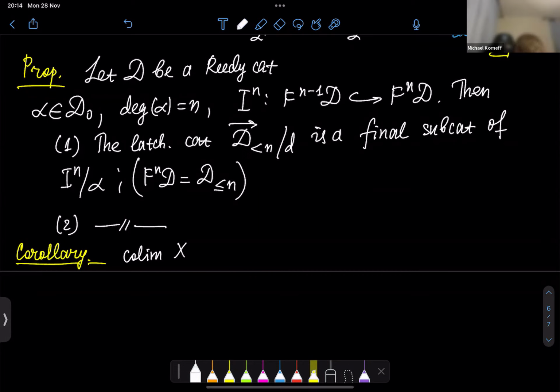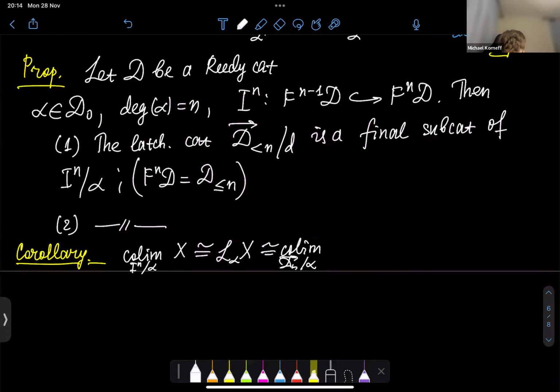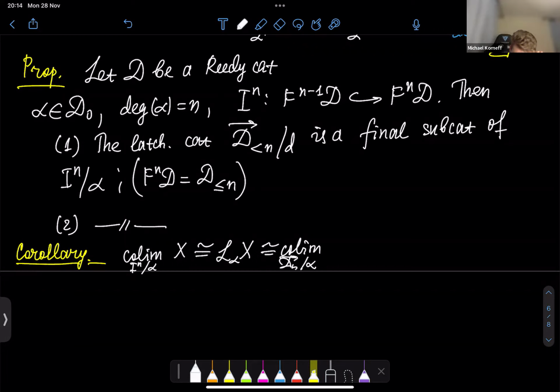Colimit of x under this slice category is the same as the Latching object we know, and also we can replace this slice category with the subcategory of monomorphisms, say.